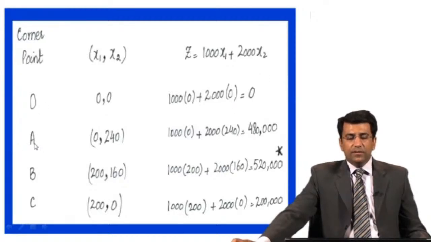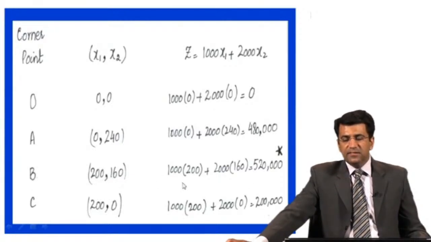The next point is A, where the first coordinate is 0 and the second coordinate is 240, and our relevant profit in this case will be equal to 480,000. Again, the third point coordinates are 200 and 160, and see that this is the maximum value of profit, that is 520,000.